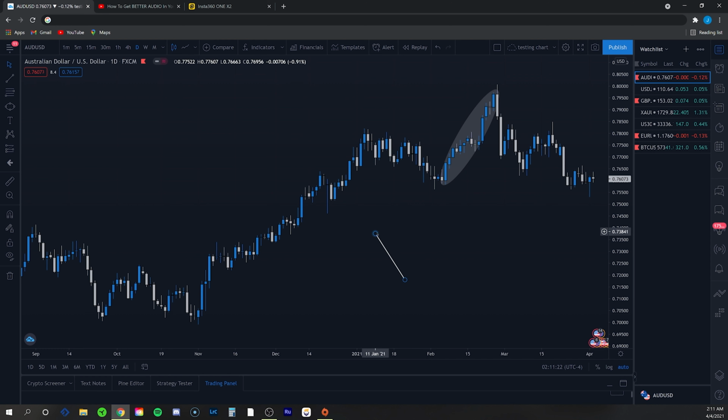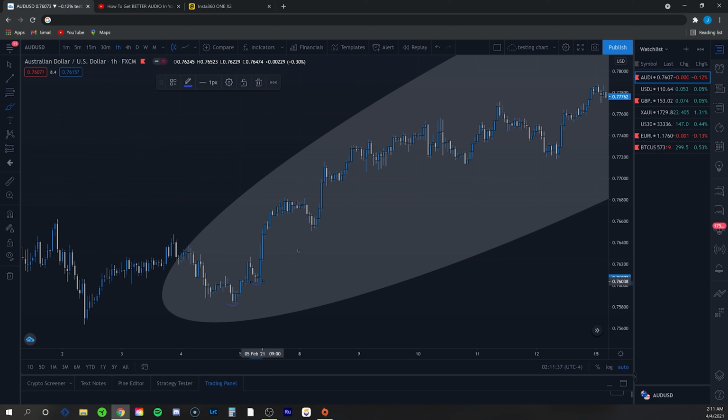So as we can see, uptrend. So maintaining, maintaining. I wouldn't really count this as a higher low point. It's just a point of support, more or less.